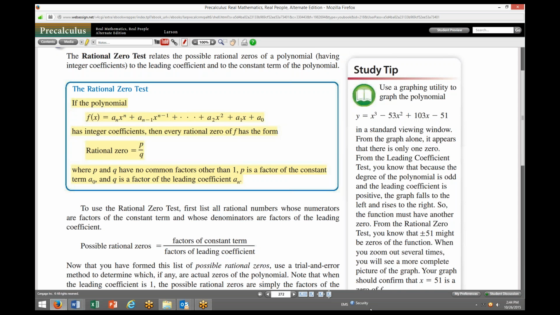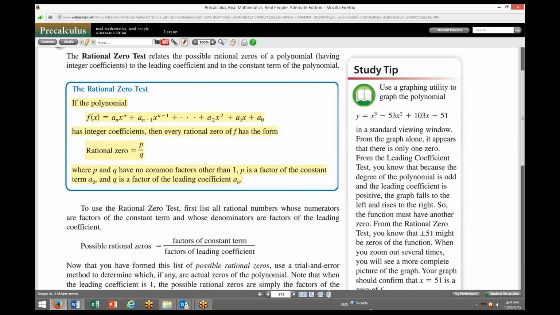That's the polynomial. And there's no relationship between those coefficients. They all can be random different numbers, positive, negative, 0, whatever, except the first one, a sub n, can't be 0.